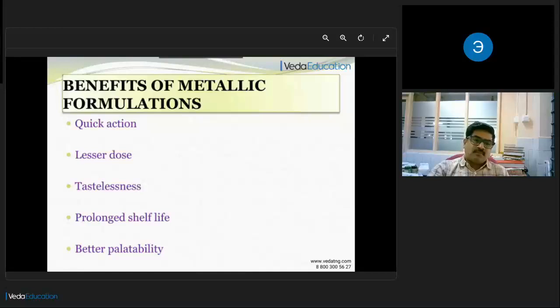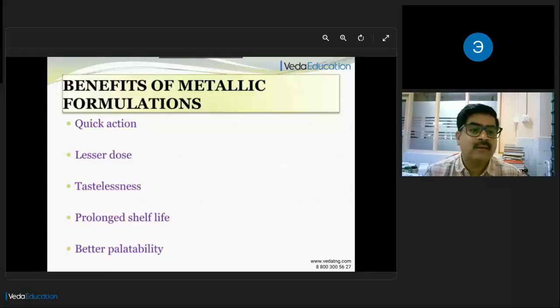So these are the common benefits of herbomineral drugs. И таким образом эти 5 особенностей часто называются в числе преимуществ растительно-минеральных препаратов.